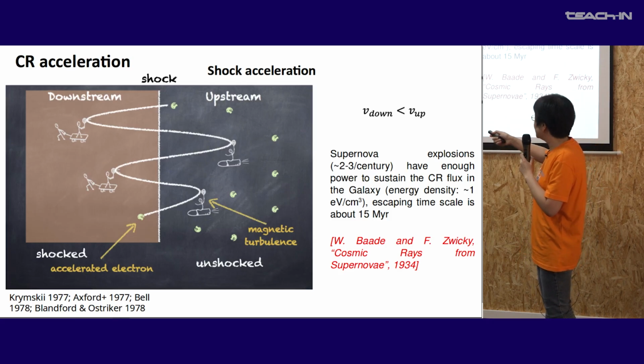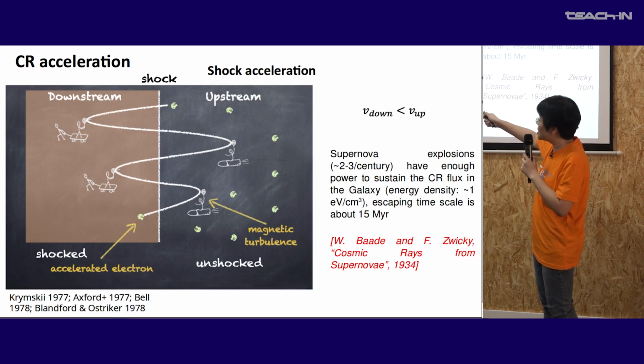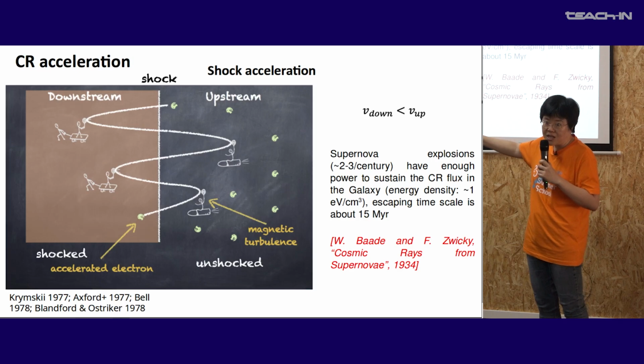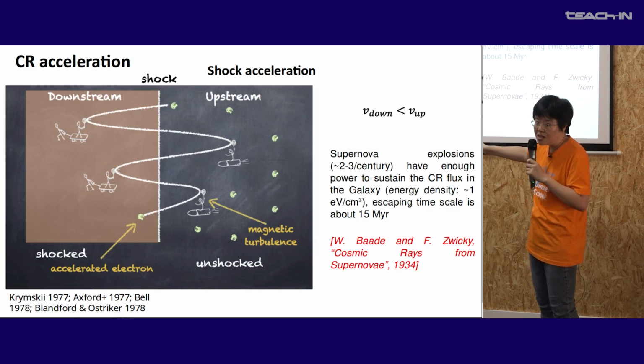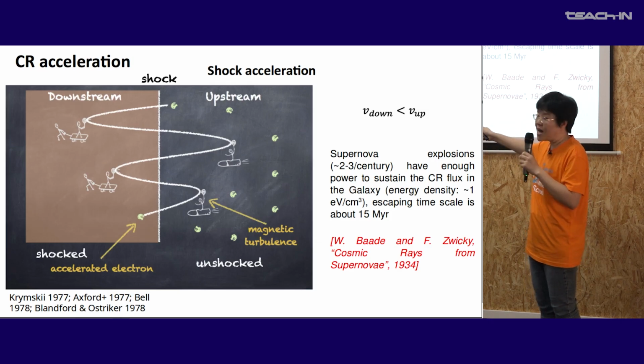If they pass through the shock, from higher speed to lower speed, they don't lose or gain any energy. But the magnetic field confines them around the shock. There is a chance they will come back.